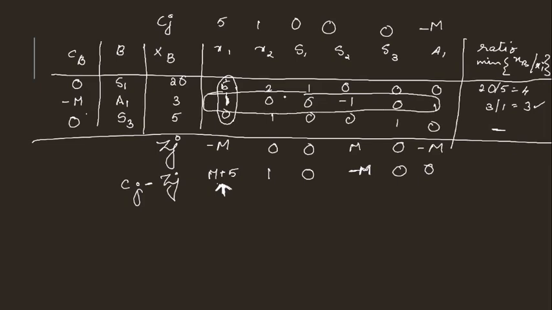The key element is 1. Okay, now here we get a minimum value, which is 3, so the corresponding row is taken. So again, A1 is out, and there is an entry of X1.